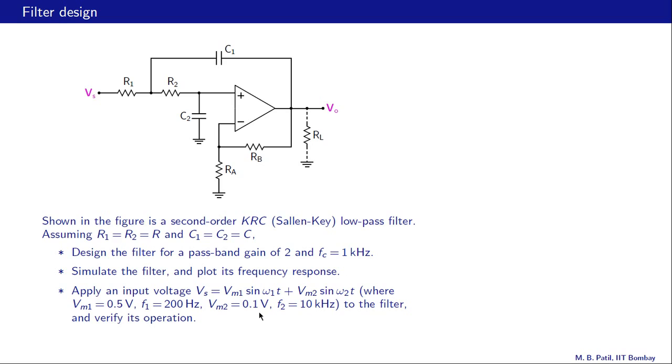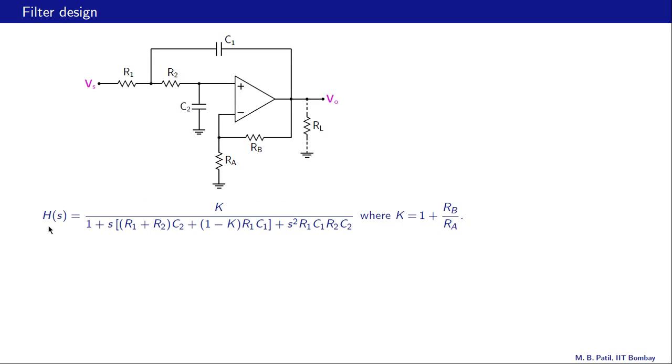The other sinusoid has a higher frequency 10 kHz, which is higher than the cutoff frequency. So apply this input voltage to the filter, that is when we do circuit simulation, and verify its operation. So what we should see is that the high frequency component is filtered out, and at the output we get only the low frequency component of Vs.